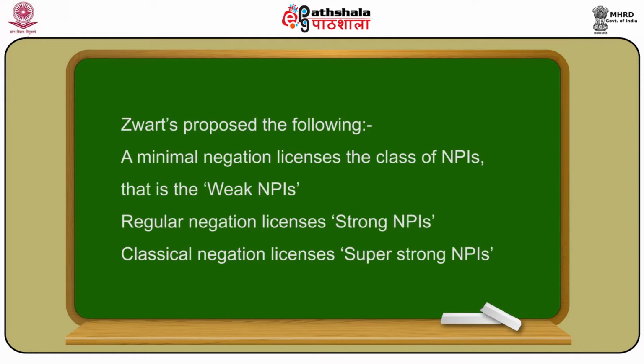Now, what Schwarz proposed was the following. A minimal negation, he said, licenses a class of NPIs that he called weak NPIs. Regular negation licenses what he called strong NPIs. Classical negation licenses what he called super strong NPIs.